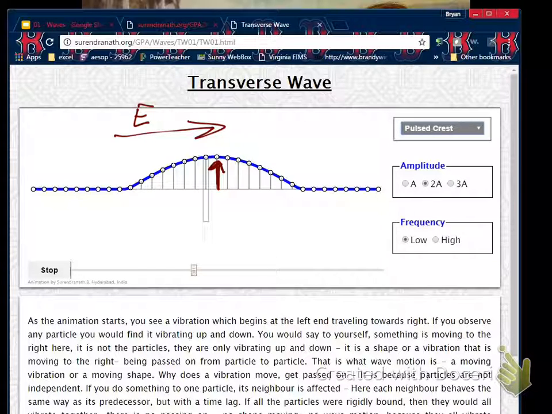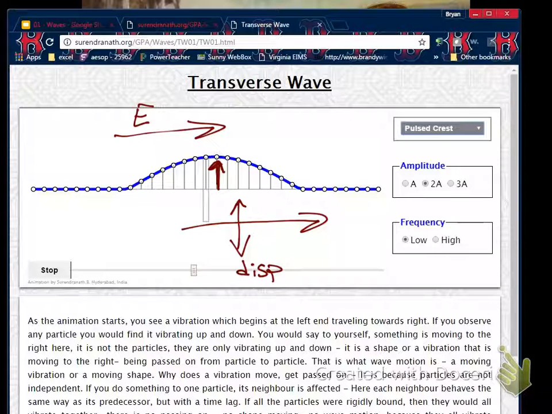That's what's happening here. The medium is being displaced from equilibrium in the upward direction, and it's at a 90-degree angle, normal to the direction of energy transfer. So it's perpendicular. We have displacement up and down. We have wave movement at a 90-degree angle.